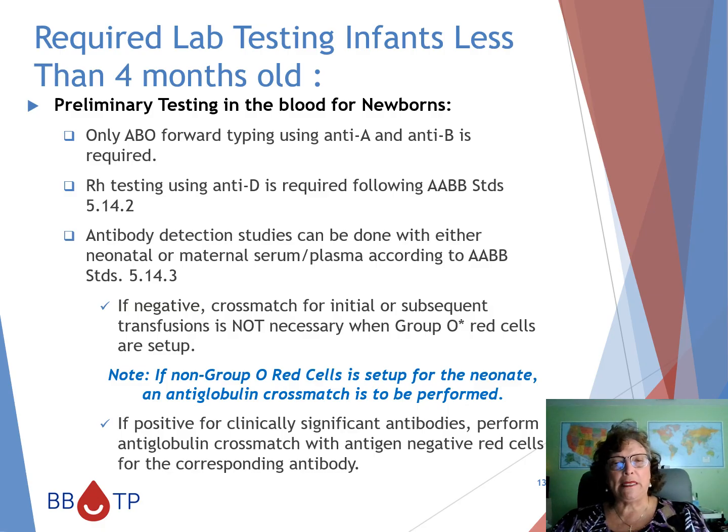If my antibody detection is positive for a clinically significant antibody, then I will need to perform an antiglobulin cross-match with red cells that are antigen negative for the corresponding clinically significant antibody.